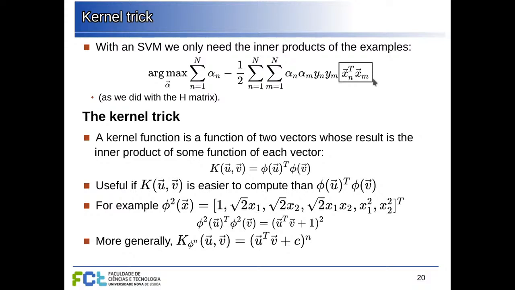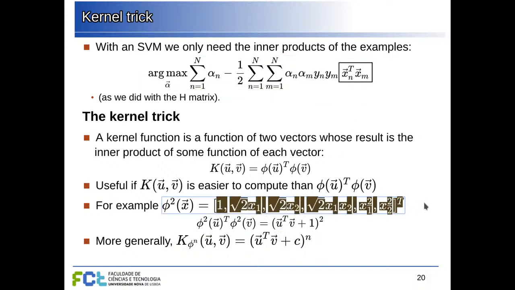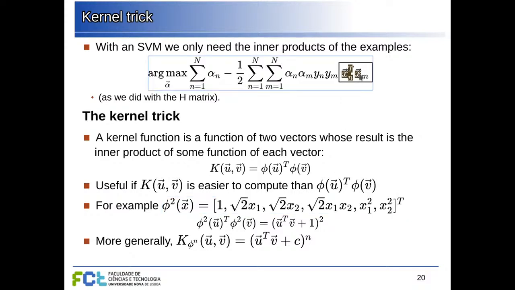All we need is the inner product of all pairs of examples. So if we have a kernel function like this one that is very cheap to compute and gives us the inner product of what this would be after some very complex transformation, we can do this transformation practically for free, because we just compute the kernel function of those vectors instead of doing the transformation explicitly.